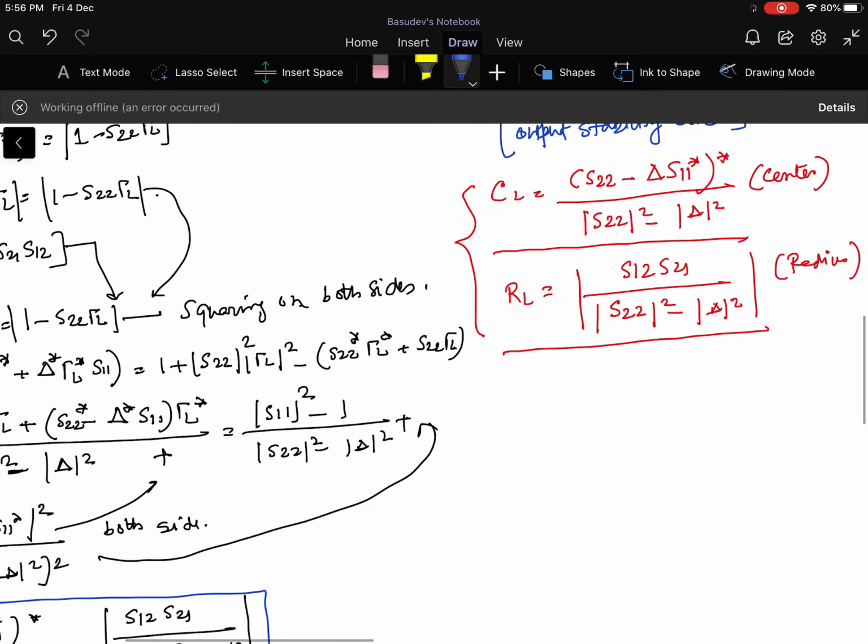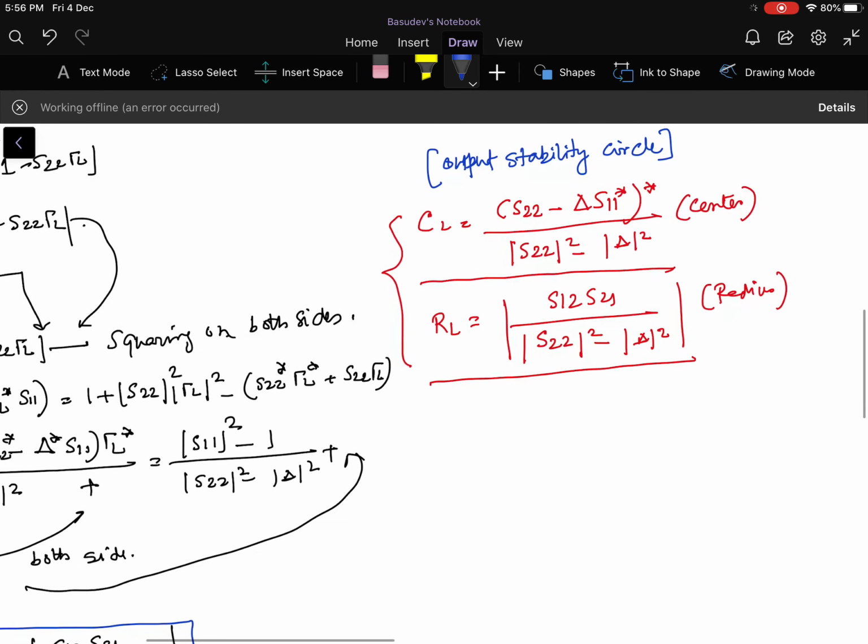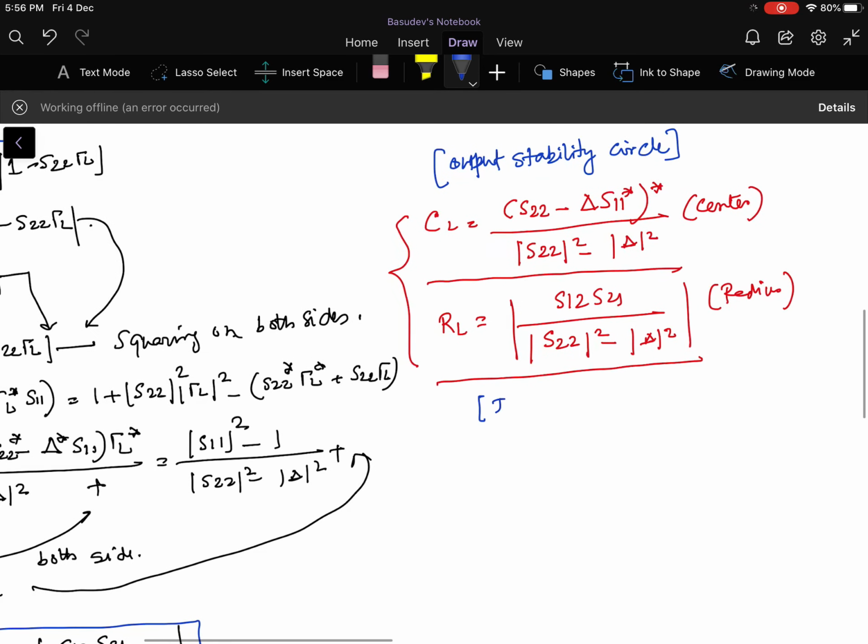In the same way, one can then define the input stability circle. I am not deriving it; Gonzalez and I think Pozar both have this derivation. The input stability circle I can directly write after seeing CL and RL.